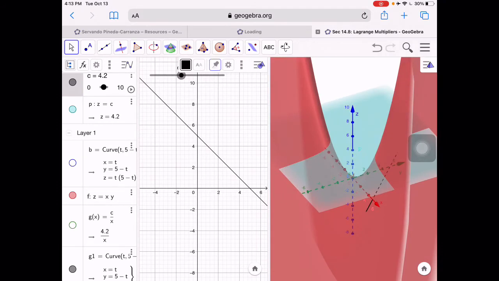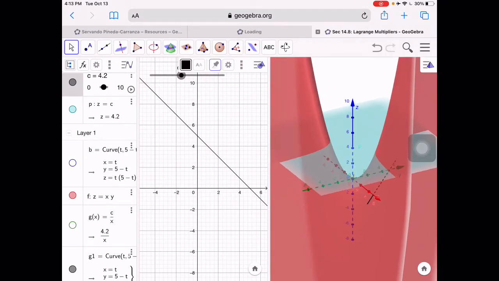All points that correspond to the same area, but because we are restricting ourselves to only use points that lie on my constraint function given by this line, which is over here in R3, I'm only going to be looking at points that lie on this blue curve.